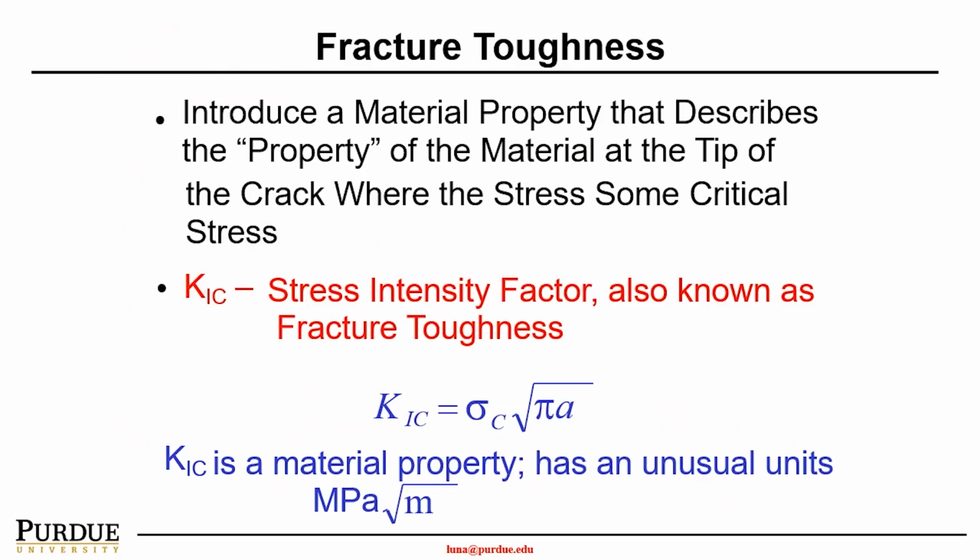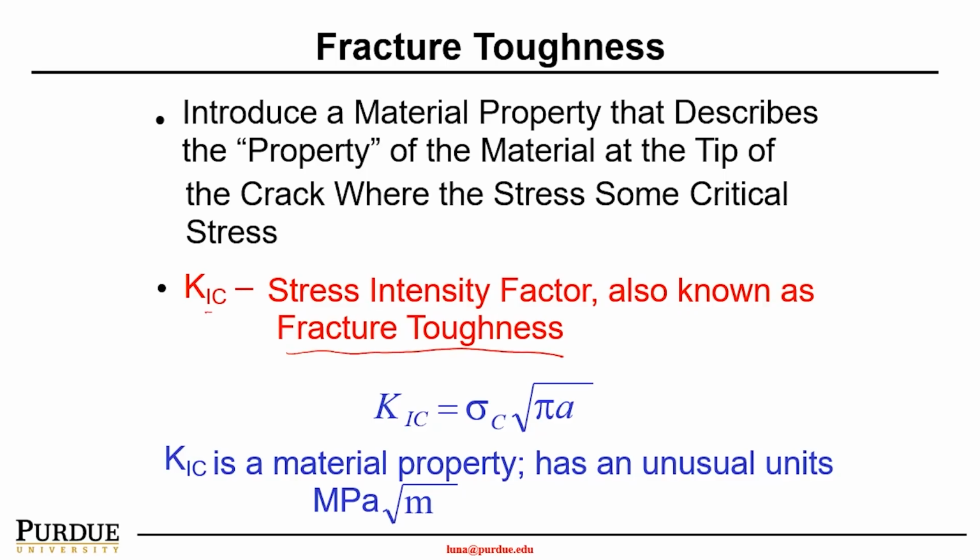Looking at K1C, I want to introduce a concept called fracture toughness. Fracture toughness is a material property describing the material's behavior at the tip of the crack where the stress becomes critical. K1C is the stress intensity factor, also known as fracture toughness.